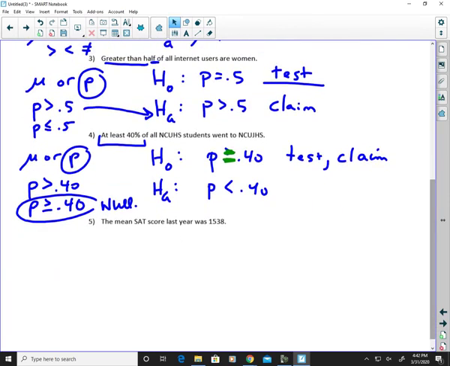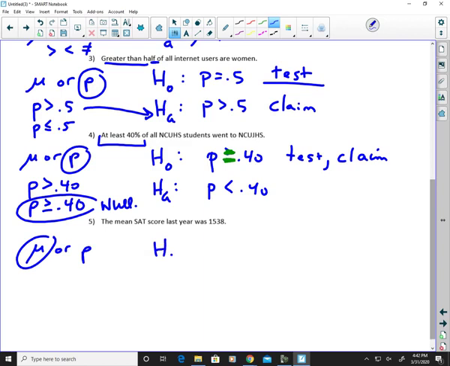Okay, mean SAT score, well, they're telling us it's a mean, so when you're deciding between mu or p, I'm going to go with mean, and so I'm going to use that symbol, using my population symbol to write my hypotheses. I know that has to be an equal sign, and let's see, the mean score last year was 1,538, so they said it is this.